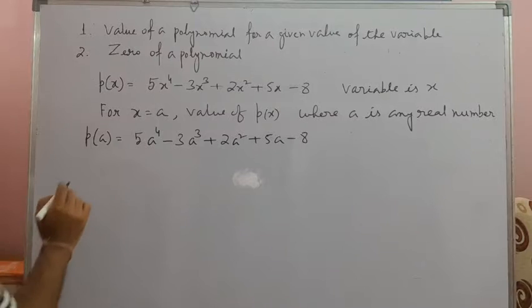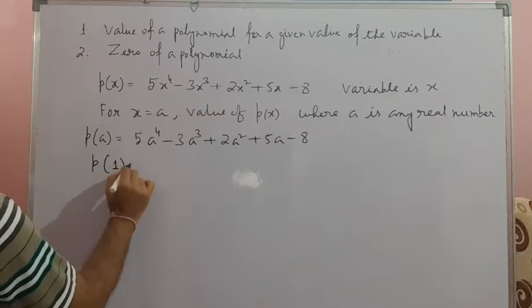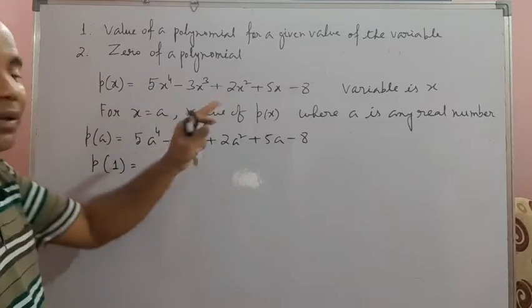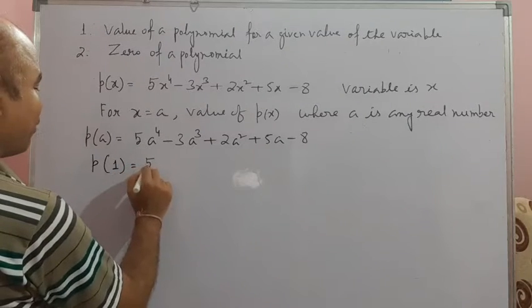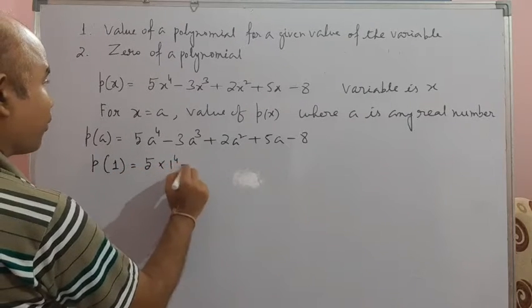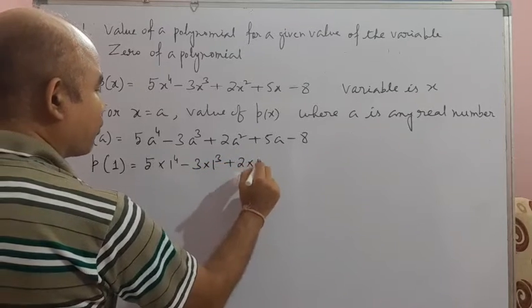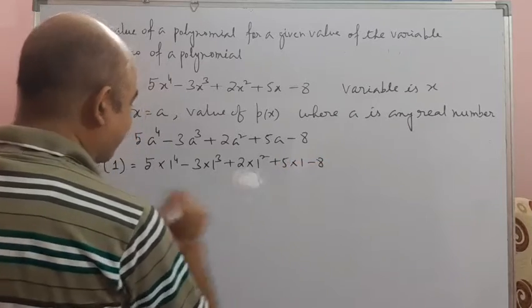Let me take an example. Suppose you want to find p(1). p(1) means the value of the polynomial p(x) when the value of the variable x is 1. So it will be 5 into 1 to the power 4, minus 3 into 1 cube, plus 2 into 1 square, plus 5 into 1, minus 8.